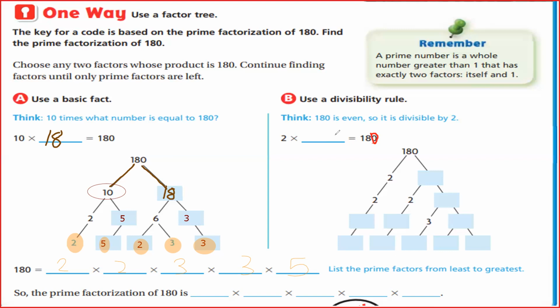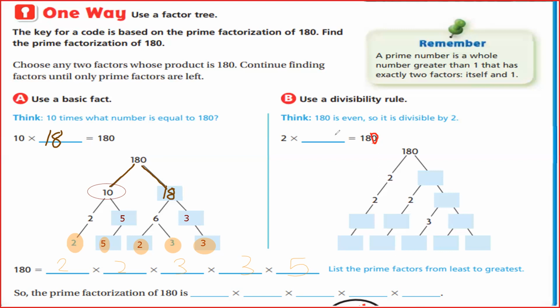Now stop talking. Here, 180. What's the last digit of 180? It's 0. Is it even or odd? Even. And we all know the divisibility rules: if the first digit of a number is even, it can be divided by 2.